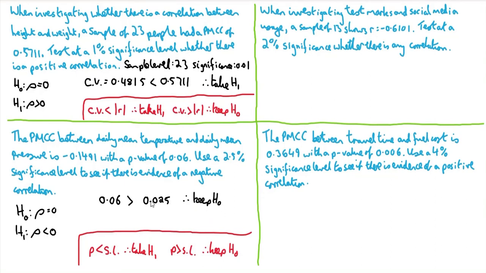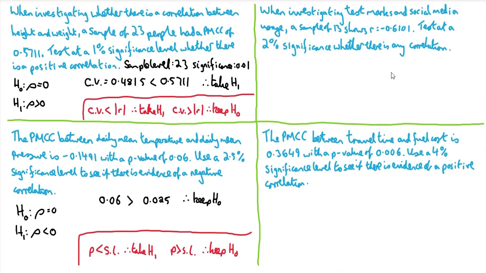If we can just acknowledge the distinction between these styles of wording of question, and how we can go about basically the same hypothesis test, just using slightly different figures in slightly different ways, let's see if you can have a go at some other examples of your own. So on the right, first of all, we have that when investigating test marks and social media usage, a sample of 13 shows that R equals minus 0.6101.